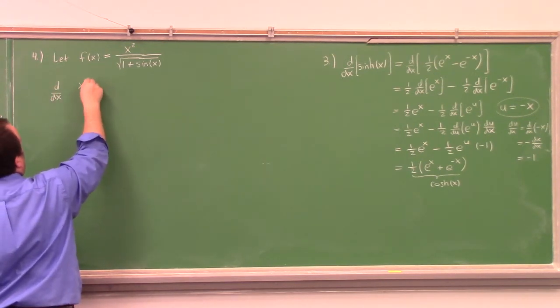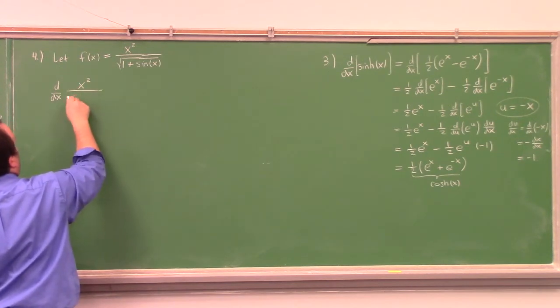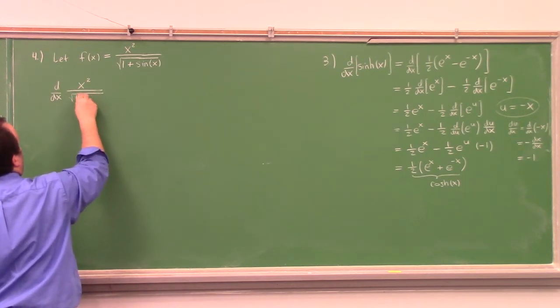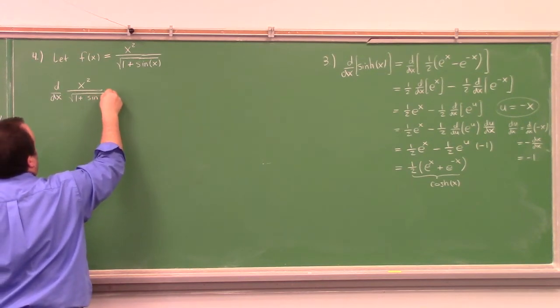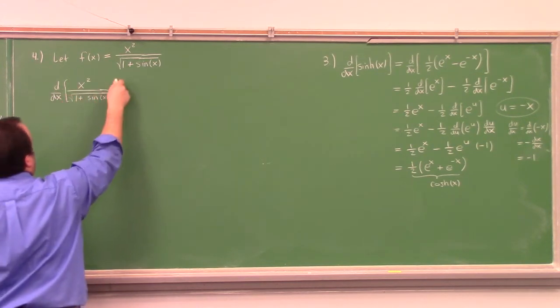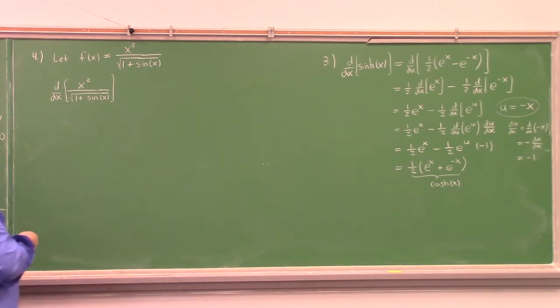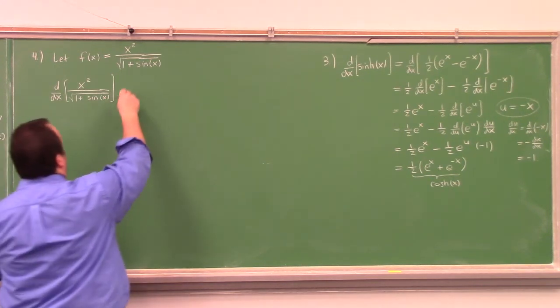What are we going to have to use this time? I mean, we don't have to use it. There are two ways to go here. We could either do this as a quotient rule, or we could do it as a product rule. First, I'll show you the quotient rule way, okay? That's the most obvious thing to try here.